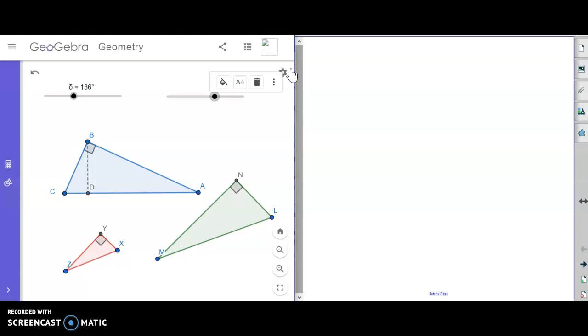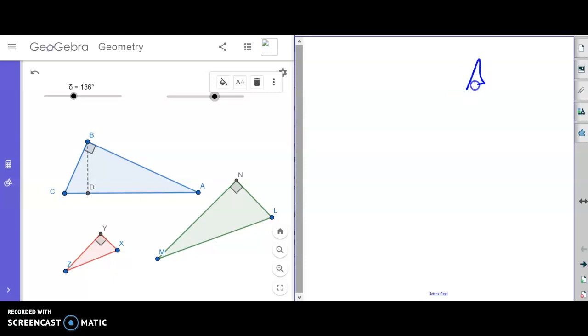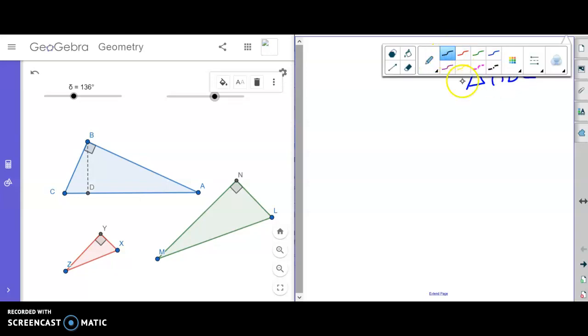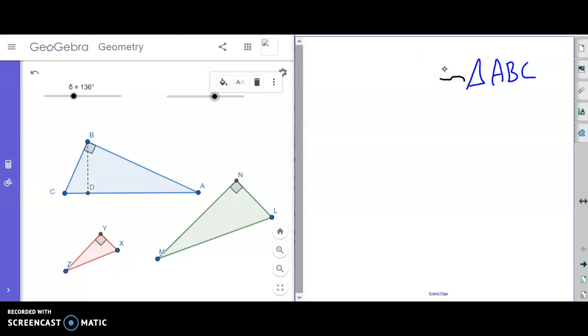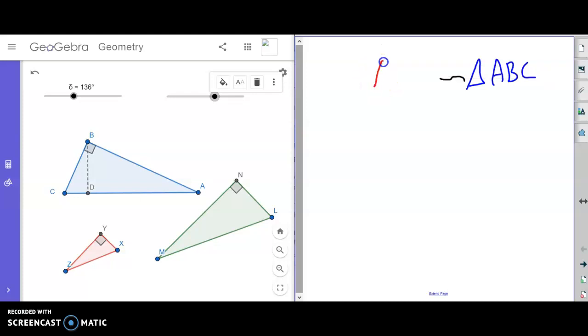Let's first look at the similarity between blue and red. If I take my blue triangle, triangle ABC, let's talk about what it's similar to. I'm going to set up my red triangle.